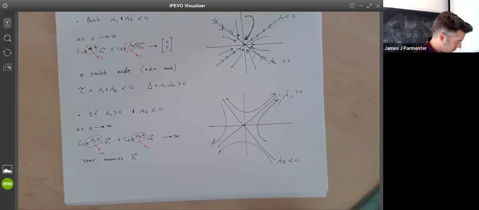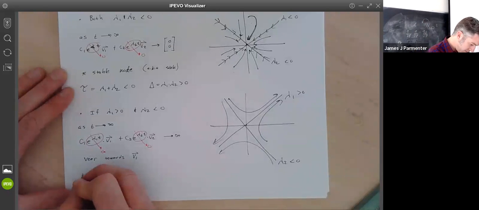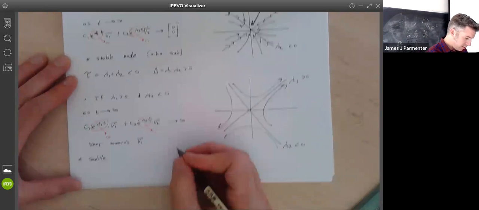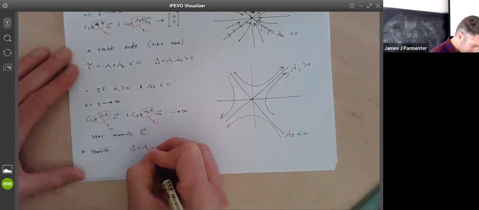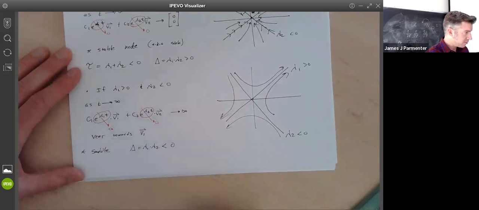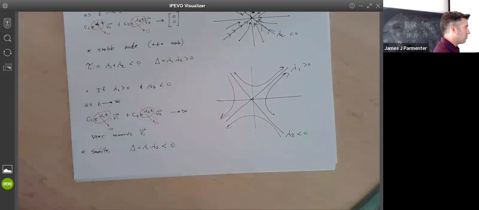Saddle. So this is a saddle. And notably, the determinant here, which is lambda1 times lambda2, is negative. The trace, we don't actually know. The trace could be positive or negative. It doesn't actually matter.